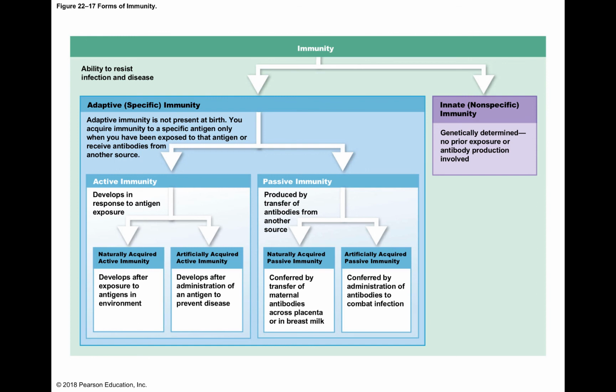Now, the antigen can either be the whole bacteria. The whole bacteria has antigens on it. So maybe you're coming in contact with the whole bacteria, or maybe you're coming in contact with just the toxins that the bacteria are putting out, right?